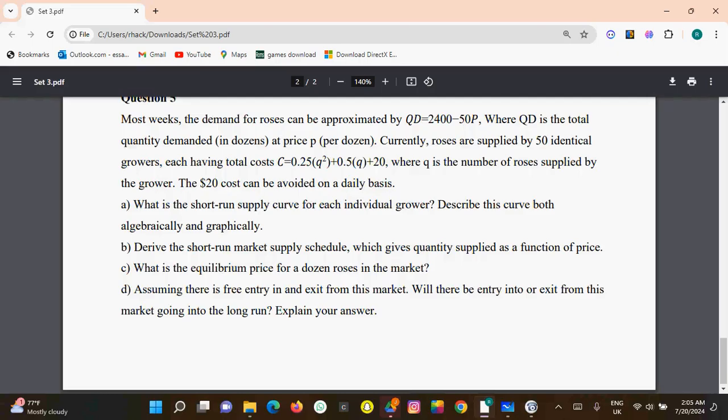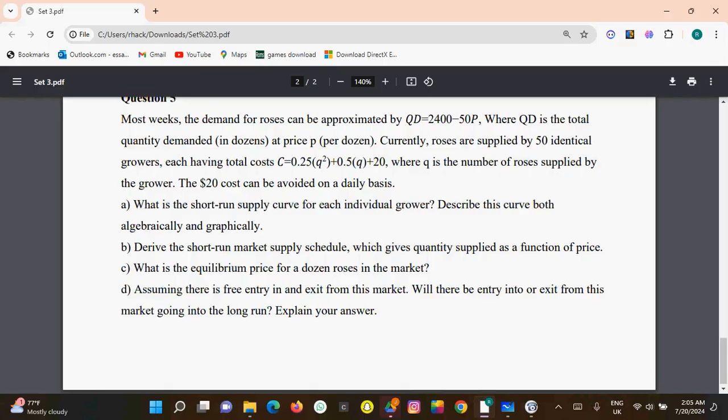It says, assuming there is free entry and exit for this market, would there be entry into or exit from the market in the long run?